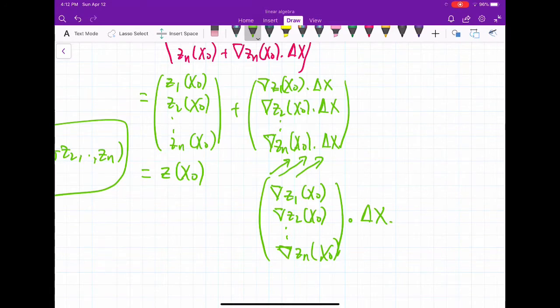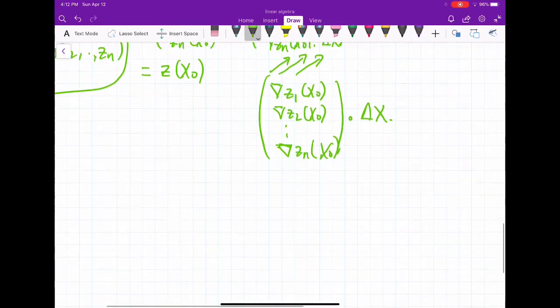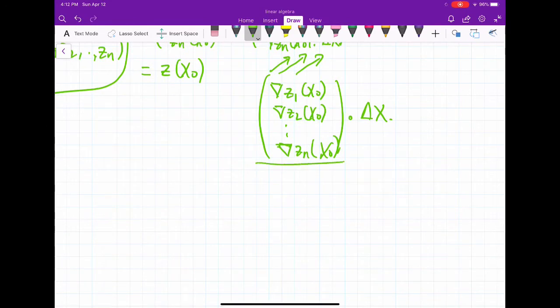Makes sense? So overall, if I explore this, I get exactly the Jacobian of the function. Look at this. What is the gradient of z1?